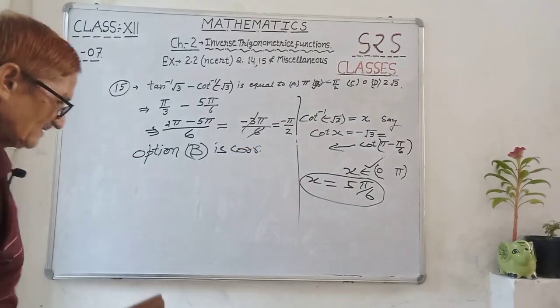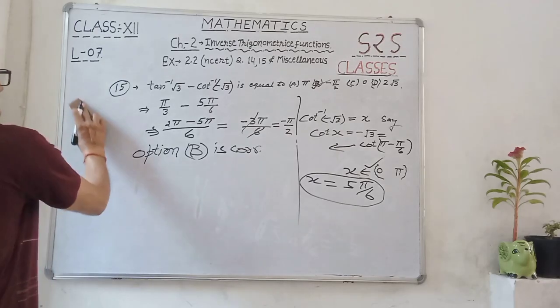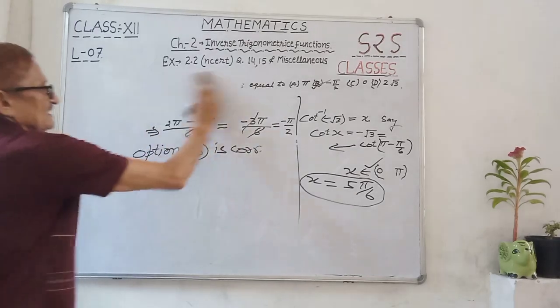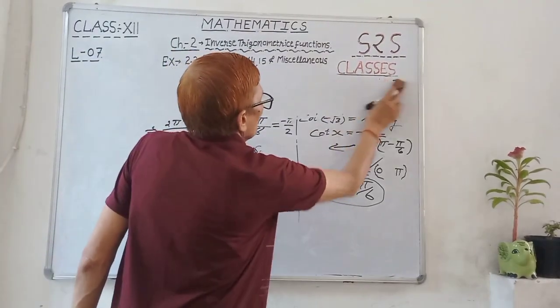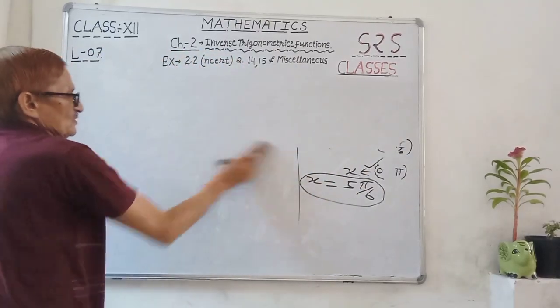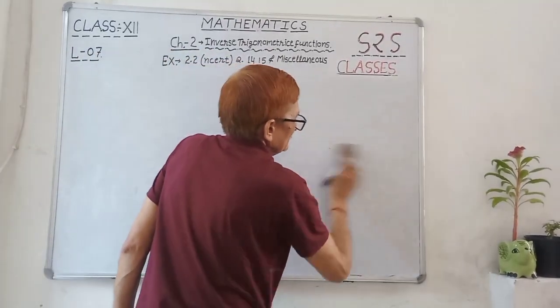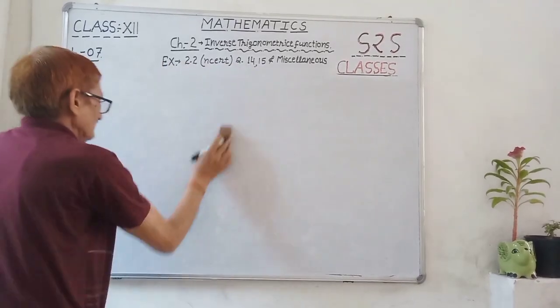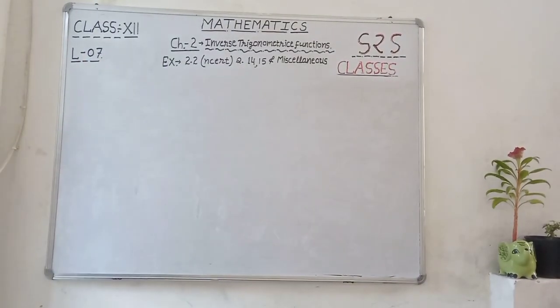Okay, done. These questions are done, which means we have completed exercise 2.2. This was the last question of exercise 2.2.